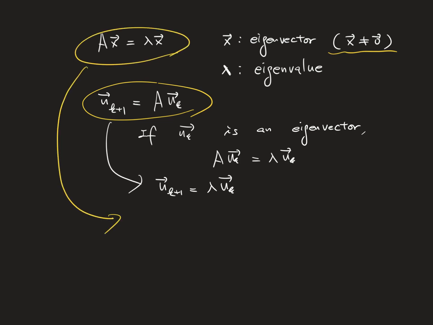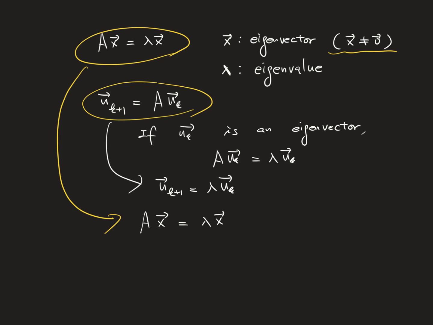And we have to understand the meaning of this equation. For this equation, there is no direction change for the eigenvector. I mean, Ax equal to lambda x means that there is no direction change after the system.